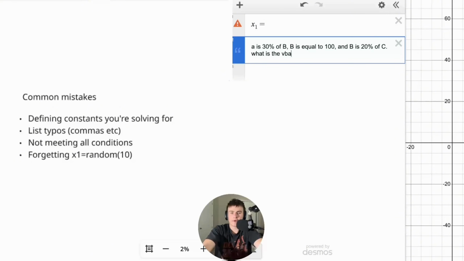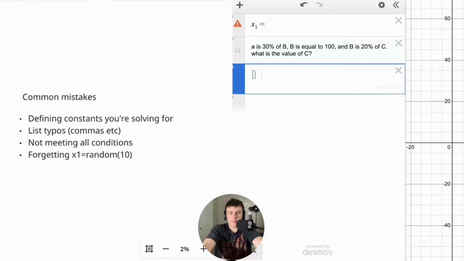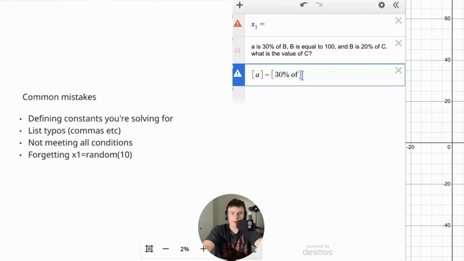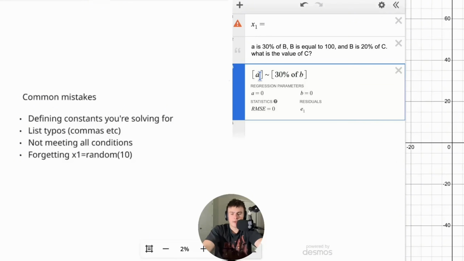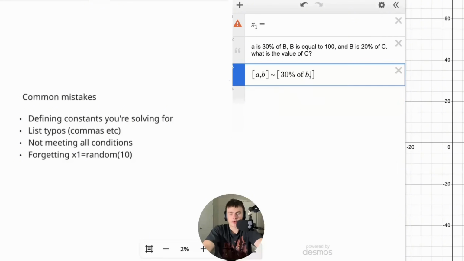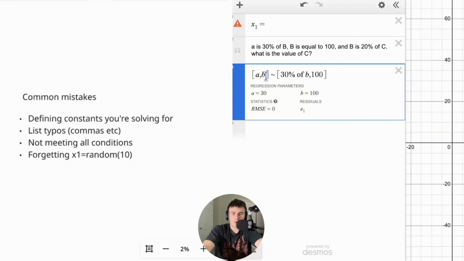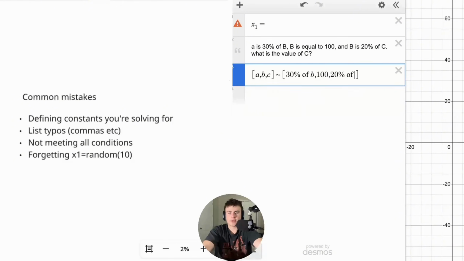What is the value of, I don't know, c, right? Well, you just type each part in like this. So a is going to be equivalent to 30% of b, and then b is going to be equal to 100. And then b is 20% of c. So you type in b again, and then you type in 20% of c.